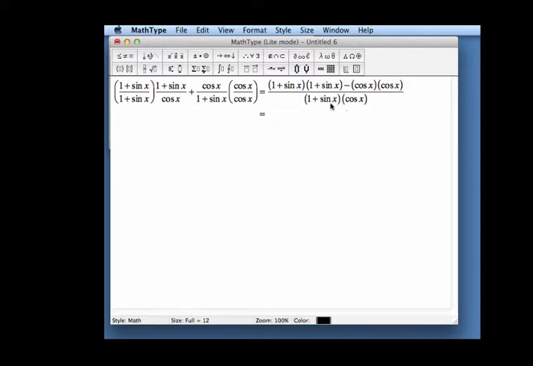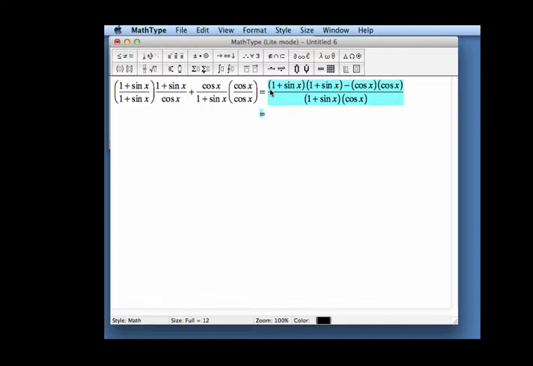And so I'm going to leave the bottom in factored form. The top is not in factored form because there's 2 things being subtracted. I'm going to have to expand this entirely and then combine like terms and hope that what is left on top might be able to be written in factored form. And usually these identities are written in such a way that that can happen.